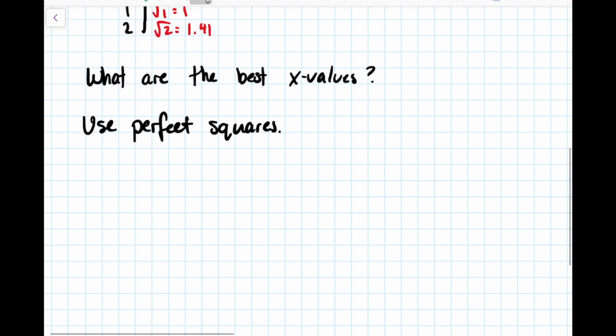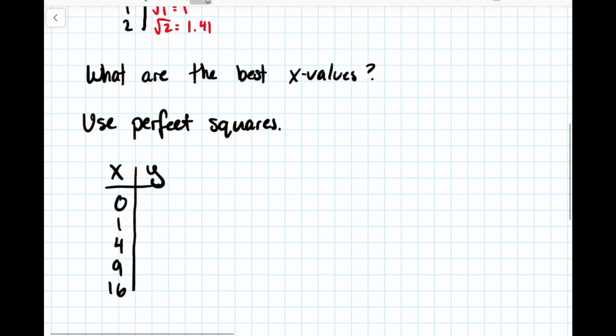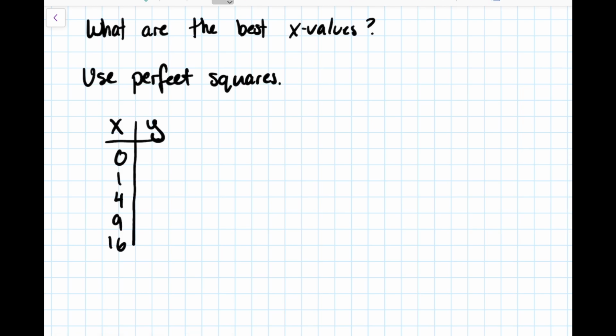So if we're going to make a table of values here, instead of using -2, -1, 0, 1, and 2, why don't we use 0, 1, 4, 9, and we'll throw 16 in there even though we're pretty much never going to use it just because it's too big. So if you do your square roots now, the square root of 0 is 0, the square root of 1 is 1, the square root of 4 is 2, and so on and so on.